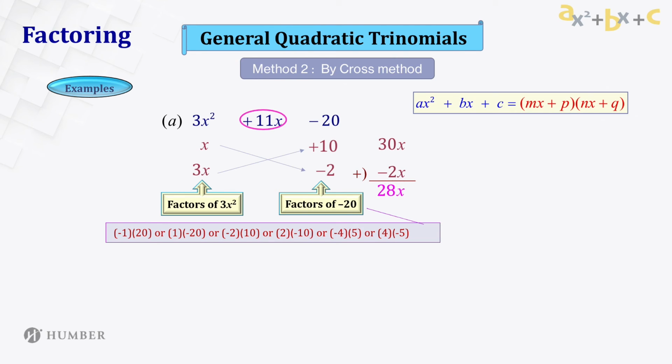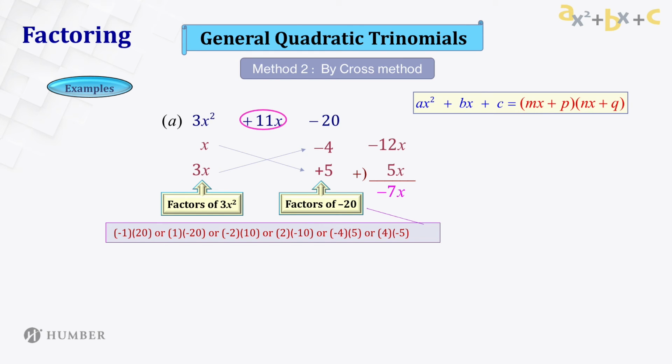We can try the negative 4 and 5 combination next. But the sum of the cross multiplication is negative 7x, not our desired value 11x. Let's try switching the order of factors then.